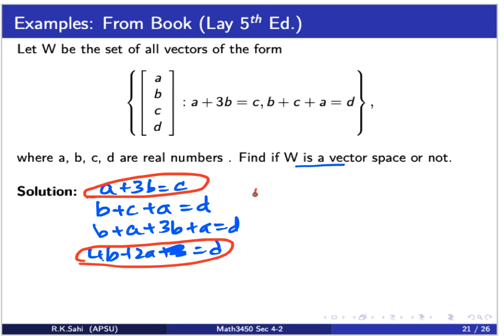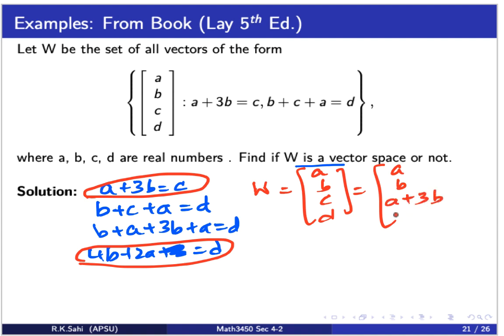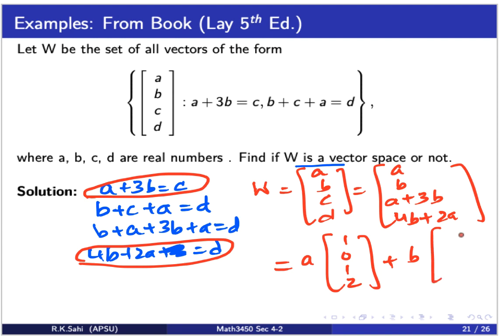So let's look at my W. How can my W be written? W can be written as A, B, C, D, which can be written as A, B, A plus 3B, and 4B plus 2A. That means I can write my W as A times 1, 0, 1, 2 plus B times 0, 1, 3, 4. So clearly W is the span of these two vectors, and hence it's a subspace and it is a vector space.